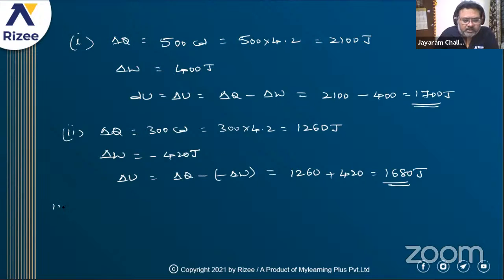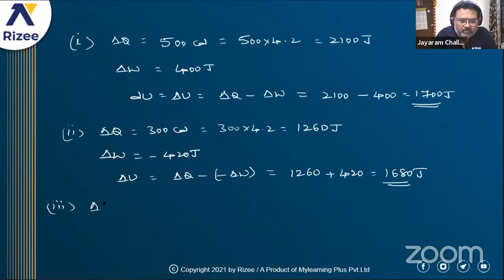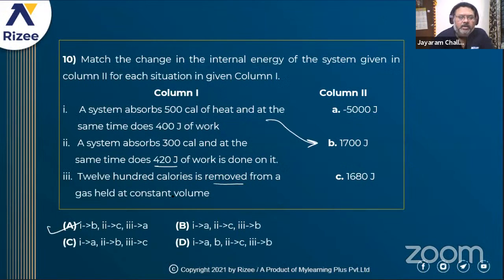And the last case, the third case, where 1200 calories of heat is removed from the system. Removing means you are taking from the system, so it should be negative: minus 1200 into 4.2, which is roughly minus 5040 joules. And next, in this case, it is at constant volume.